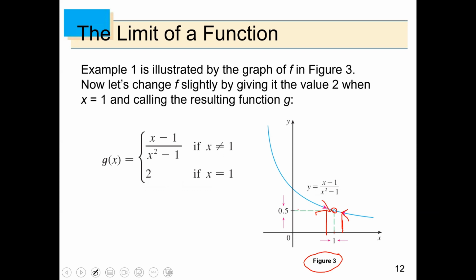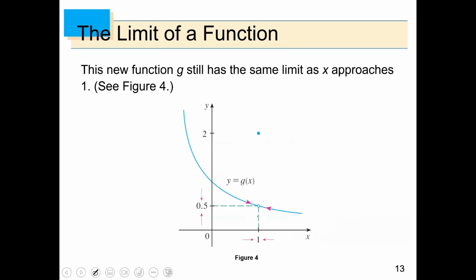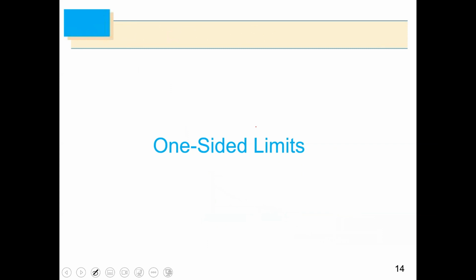And it's totally different from the value of f of 1, which is equal to 2. So be careful here. It's not all the time the value of the function at the point a. So clearly, here you see that f of 1 is equal to 2, but the limit is 0.5.